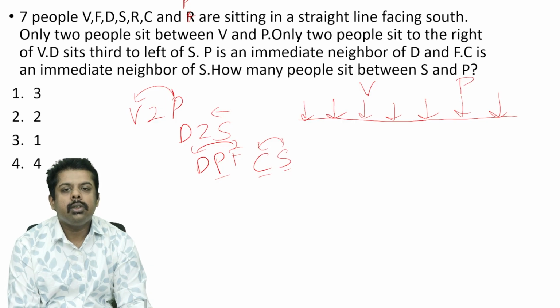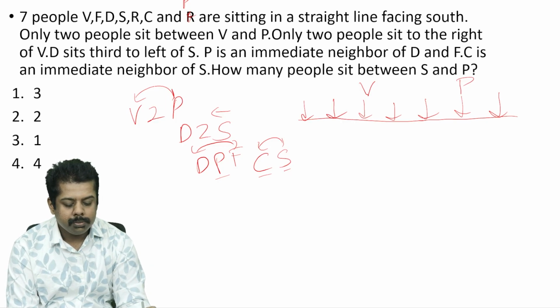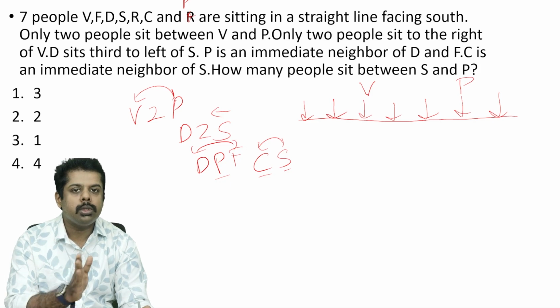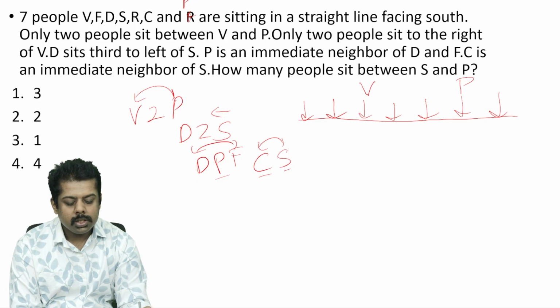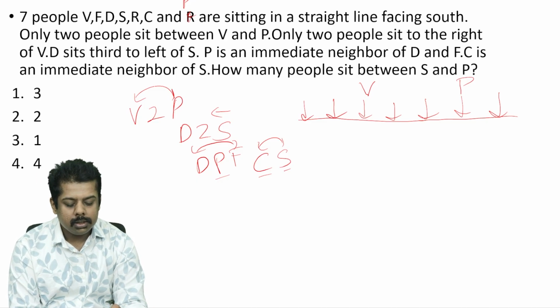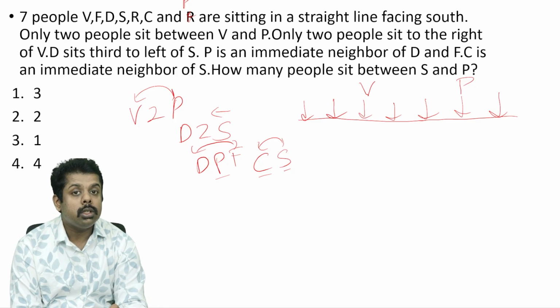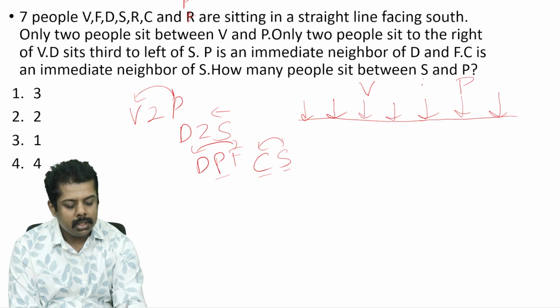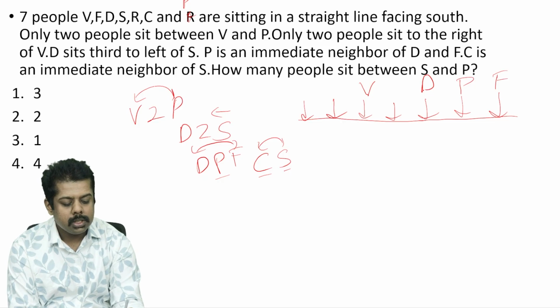Now what we can do is try and connect the points. From which point can we start? D and F, because P is an immediate neighbor of both D and F. Now we have another point that D is sitting third to the left of S. If we try placing D here and F here, does the point related to S work?